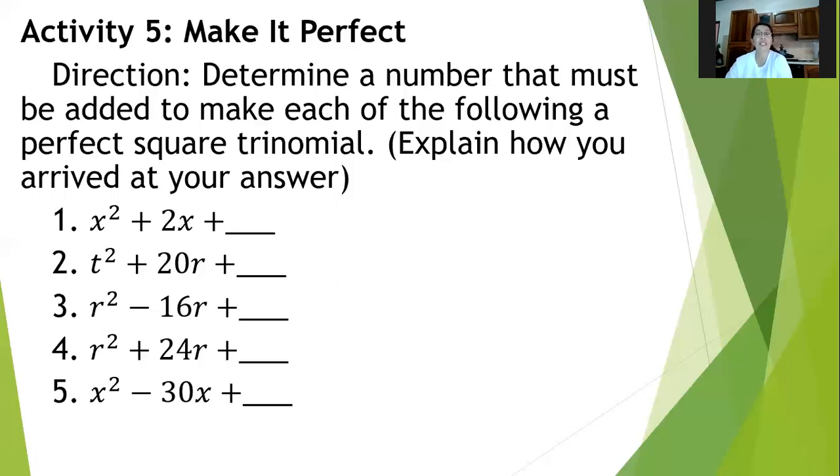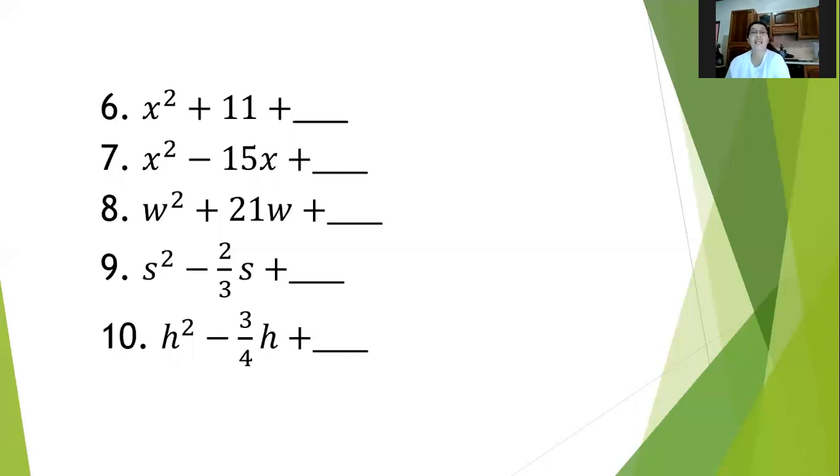Number 2, t squared plus 20t plus blank. Number 3, r squared minus 16r plus blank. Number 4, r squared plus 24r plus blank. Number 5, r squared minus 30r plus blank. Number 6, x squared plus 11x plus blank. This is just a clerical error.